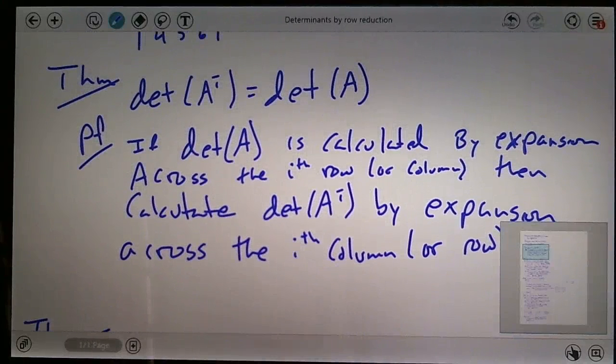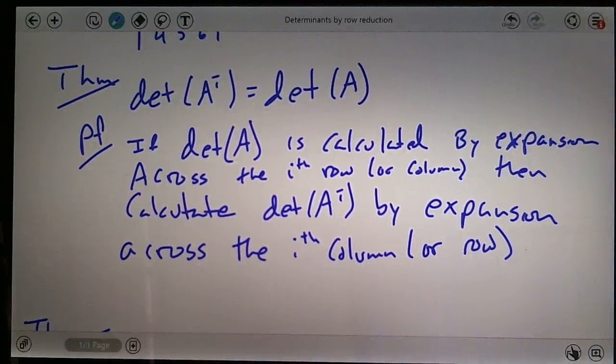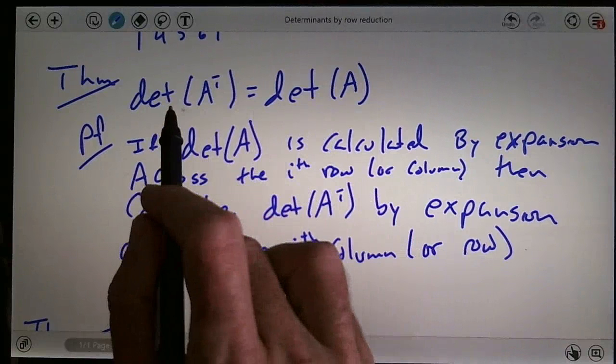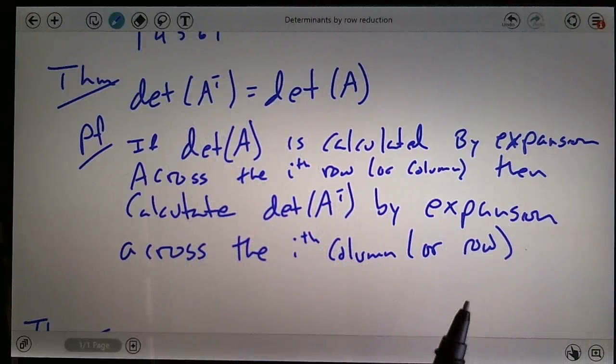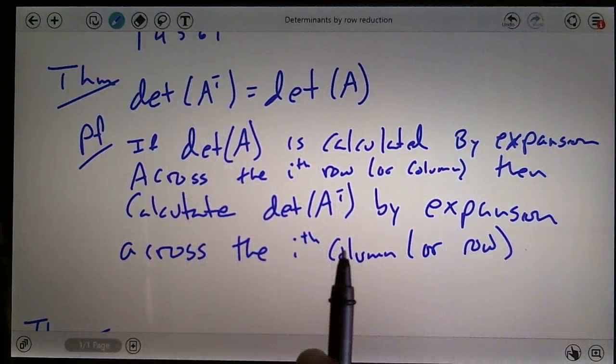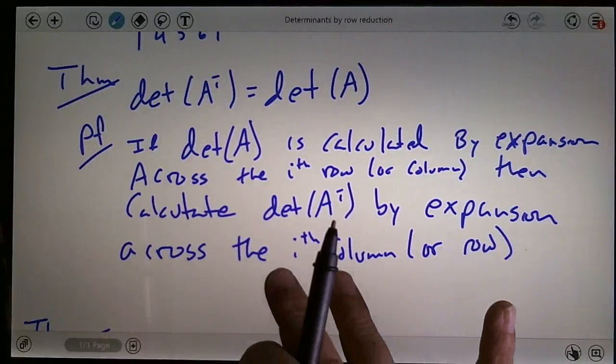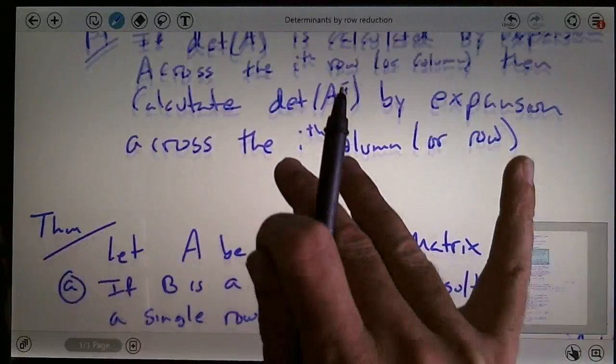This being said, a lot of the stuff that we're going to do with row operations, or looking at rows, can be completely analogous to saying, well, look at columns instead, because anything we do with rows, you can then say, well, just do it to the transpose, and you're talking about columns, and the determinant of A and the determinant of A transpose are the same. So anyway, we're going to work with row operations, but similar things can be done with column operations.